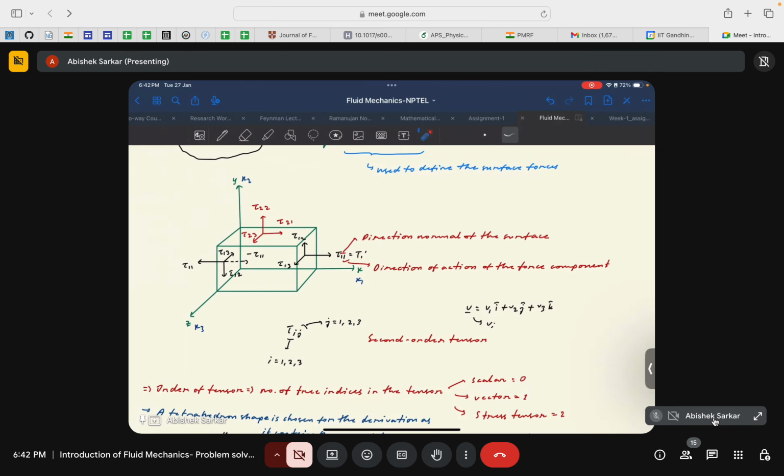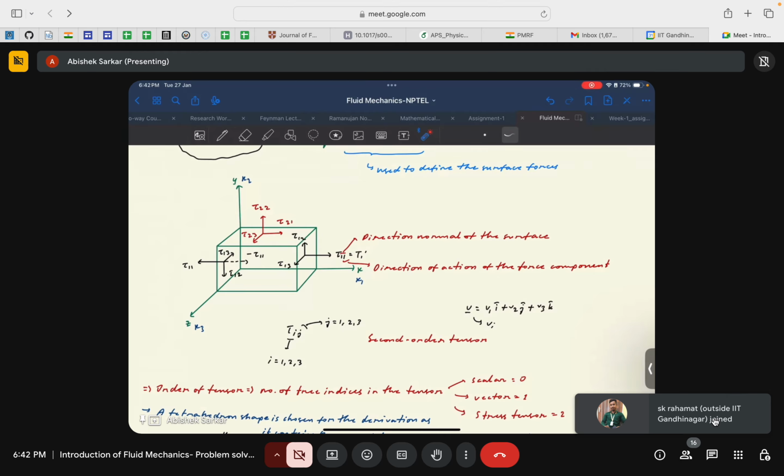By mathematical quantification, stress might also sound quite similar to pressure. But as we dive deep into this course, we will see that stress contains much more information compared to pressure. Why?